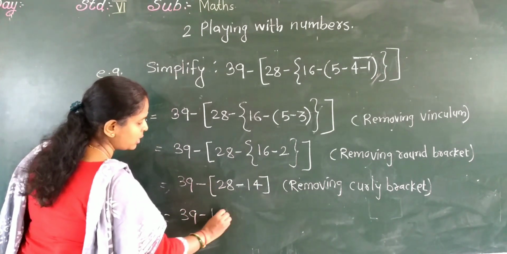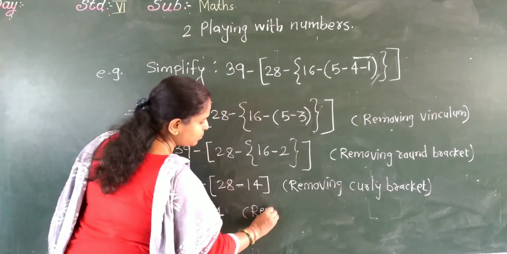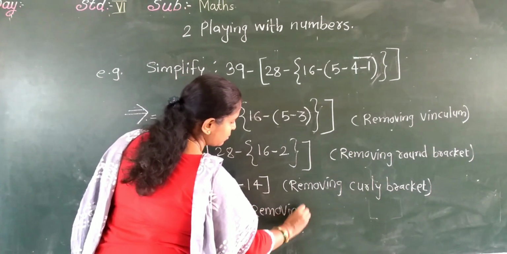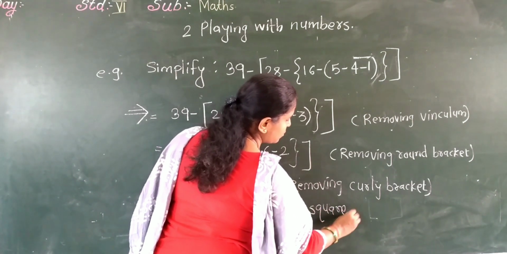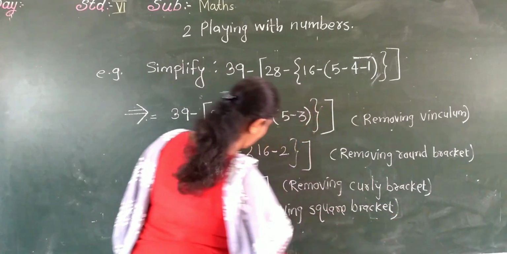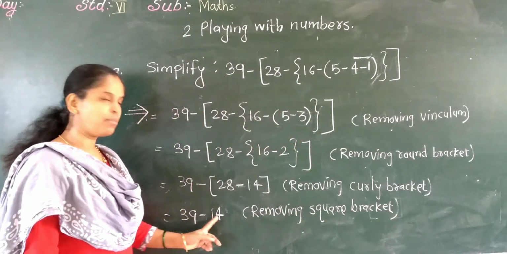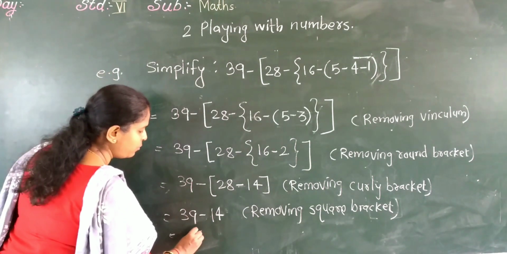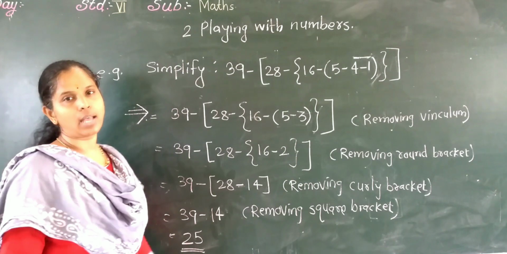Here you can write removing the square bracket. Okay. Now next, 39 minus 14, we have to do subtraction. 9 minus 4 is 5 and 3 minus 1 is 2. So this is the required answer.